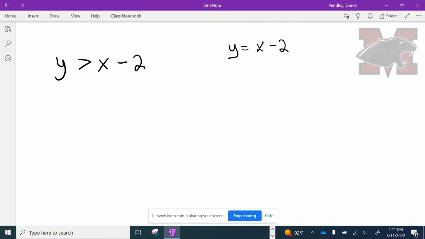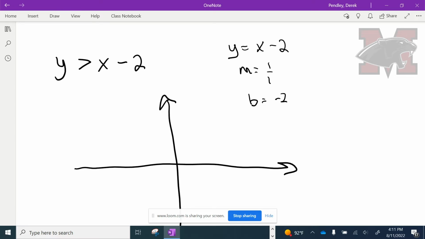So the slope is 1 over 1. The y-intercept is negative 2. And I'm going to graph that the same way that I would if it was an equation. So I'm going to start by going down 2 and put a point. And I'm going to go up 1 over 1.